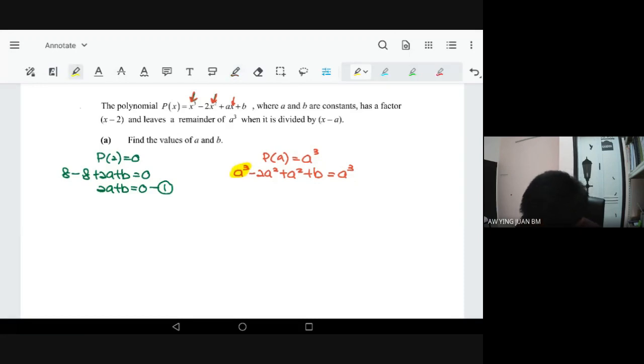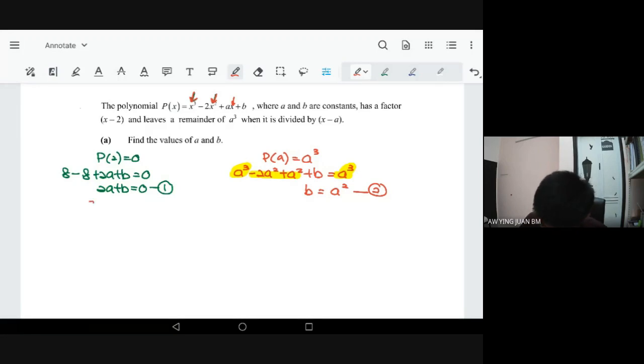For this part, 0. And then for this part, we will have negative a squared. So b equals a squared. Hopefully you can follow. b equals a squared. We say this is the second equation.